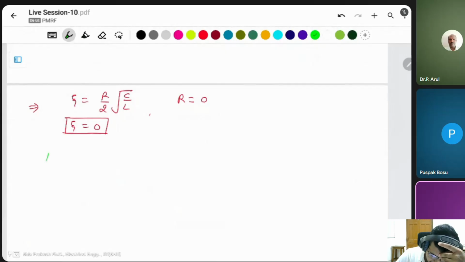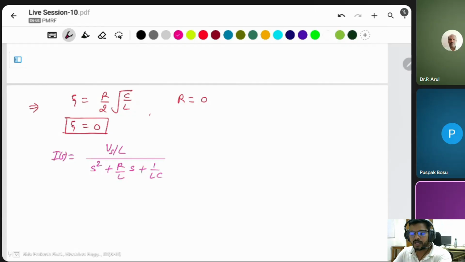We find the Is. We already found Is is equal to Vs by L divided by S square plus R by L S plus 1 by LC. In this case, what happens if R is equal to 0?